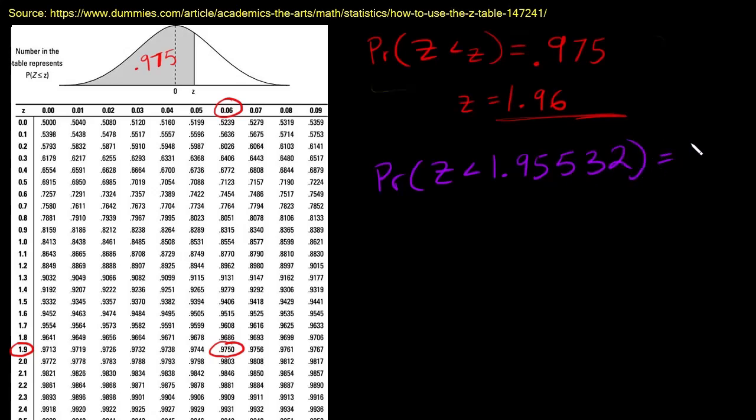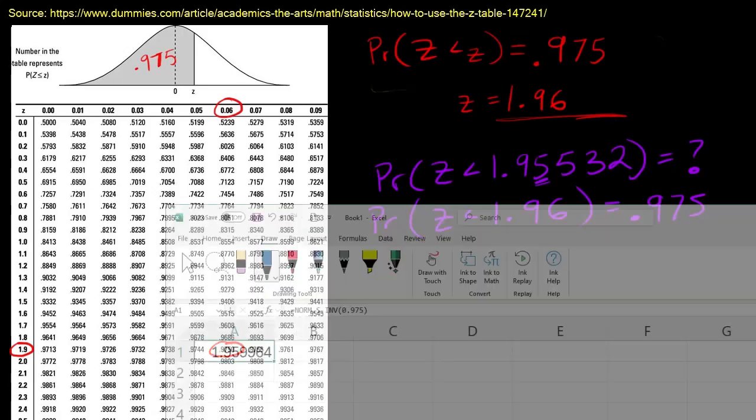Okay, and I want to know what this is. Now, if all I have is the table, I'm going to have to round that. I'm going to have to do 1.96, right, because that 5 will round that up, this other 5 to a 6, and then I would get my answer as 0.975, right, because I would go to 1.96 and then I'd be in the same position I was before. But I can use Excel and do better.